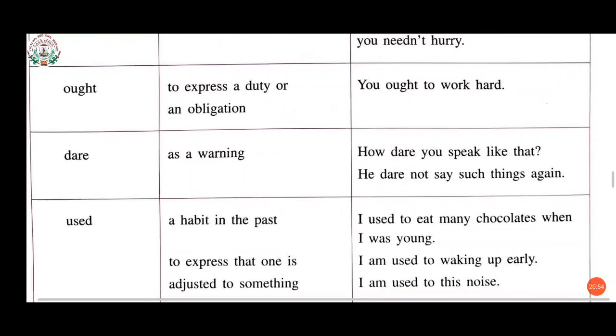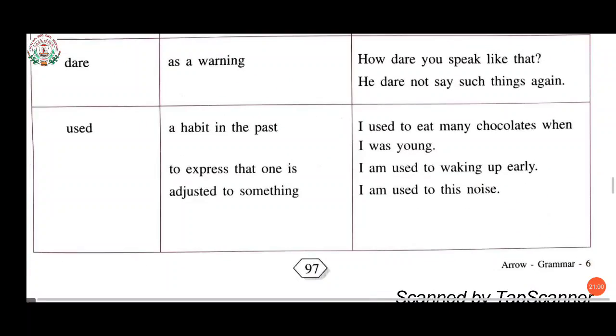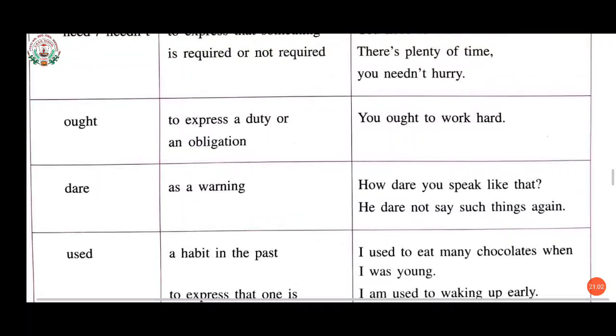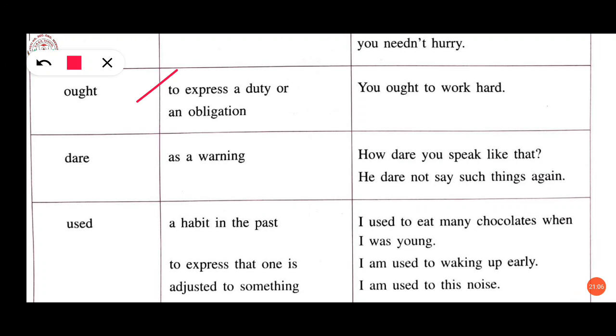Now these 3 are left out, and that is ought, dare and used. So for ought, where to use this ought? To express a duty or an obligation. You ought to work hard. Another example is we ought to stop cutting down the trees.